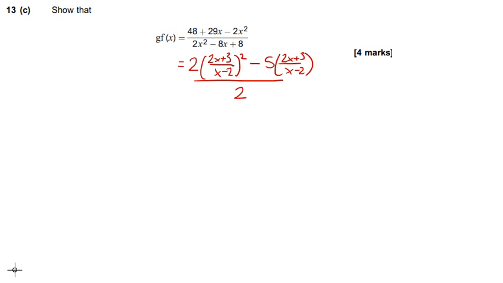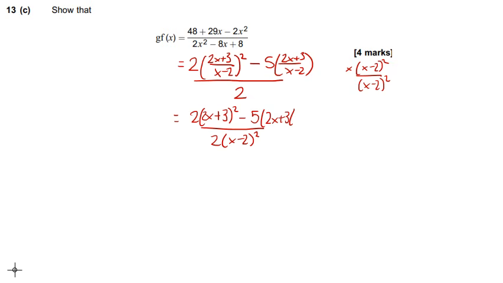And then divided by 2. So if we multiply top and bottom by x minus 2 squared, then we're going to get 2 times x minus 2 squared on the bottom, and the top is going to simplify to 2 times 2x plus 3 squared minus 5 times 2x plus 3 times x minus 2.